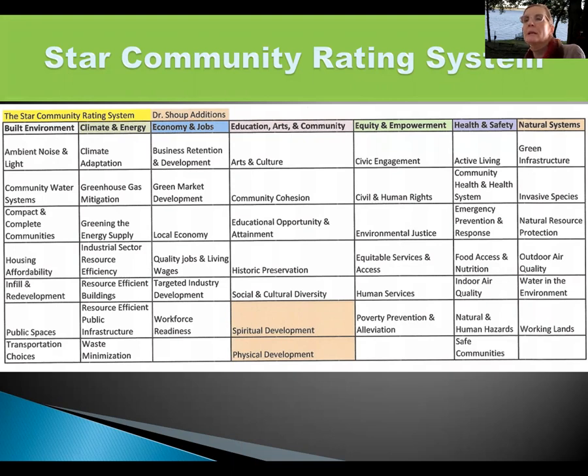I feel strongly about spiritual development, since we're all spiritual beings, and physical development, because if you're not physically healthy and strong, it's going to be very difficult for you to create any type of sustainability plan. You want all of your employees to be physically, mentally, and emotionally supported at your business or on your campus.